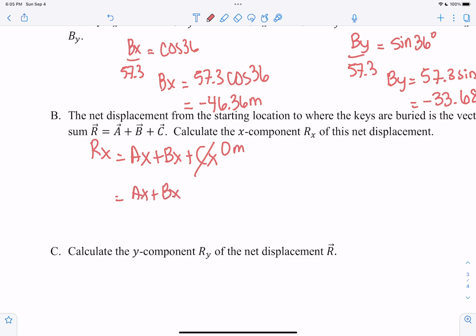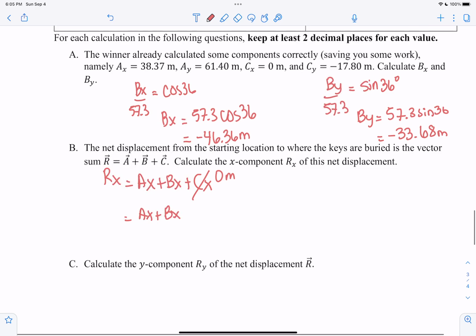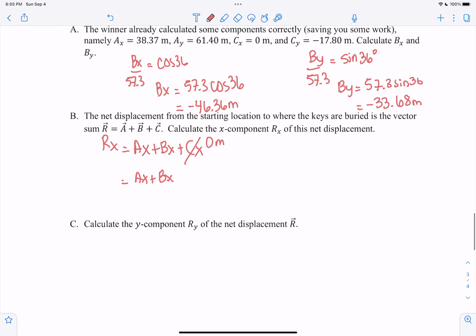And then we'll just add up our components, because we have ax already, 38.37 meters, and then we have bx, which was negative 46.36 meters. So we'll just do 38.37 meters plus negative 46.36 meters, right? And then that should give us our rx. And obviously this is adding 0 meters for cx because it's only moving south.